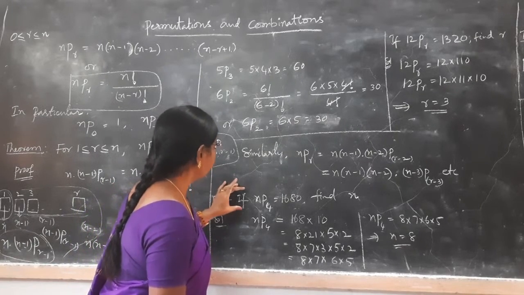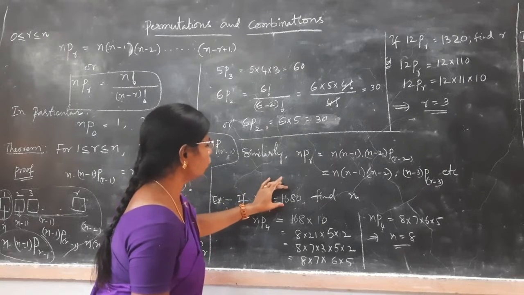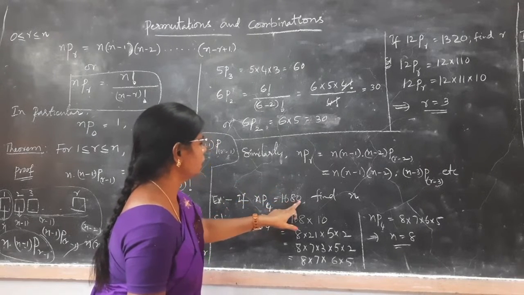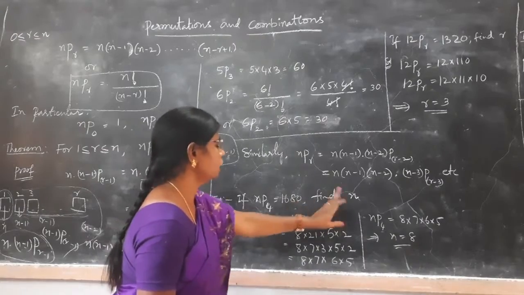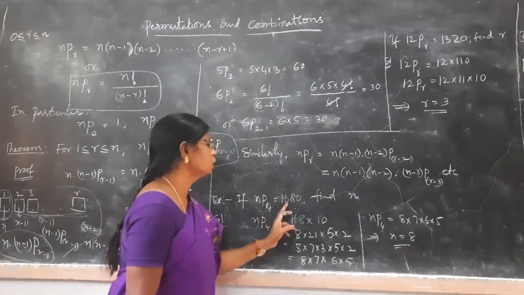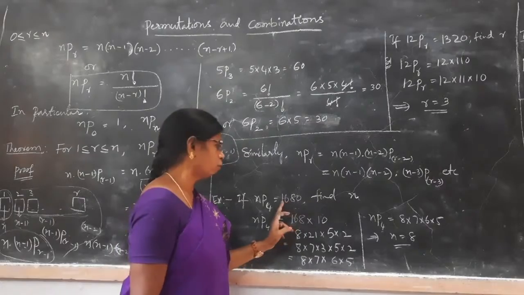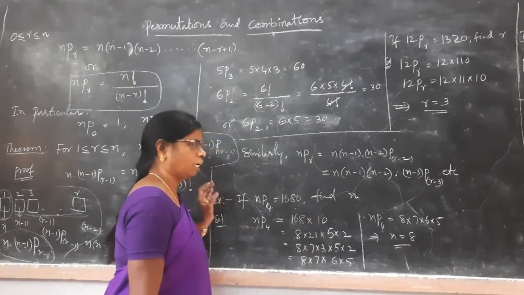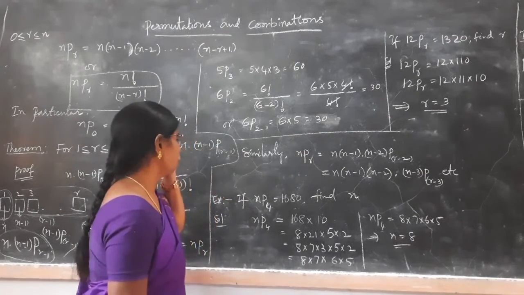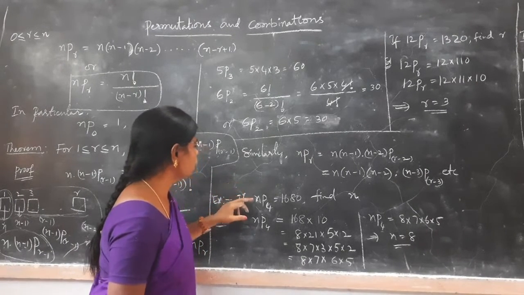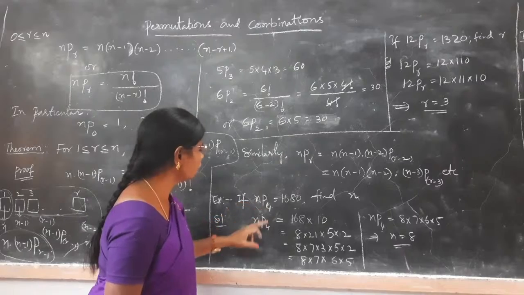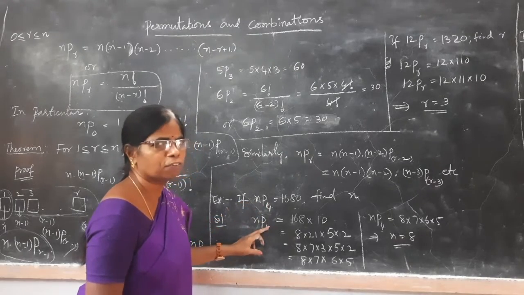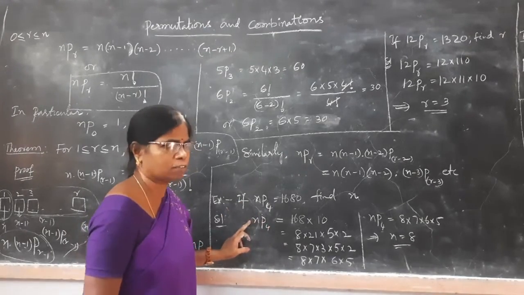Okay, so next I come to a small example here. See here, if nP4 is equal to 1680, find n. So this is the example given in your textbook. Here r is given, so we have to find n.